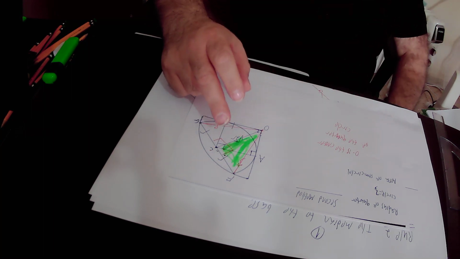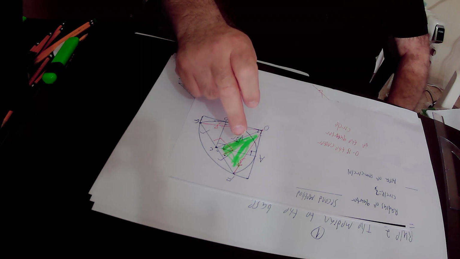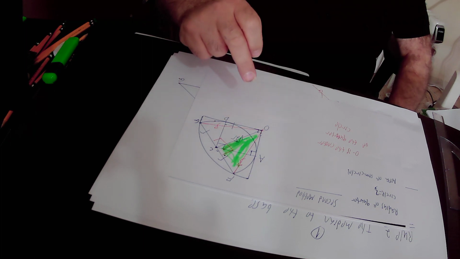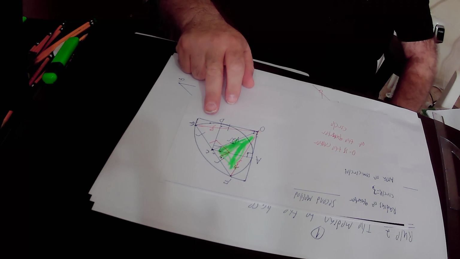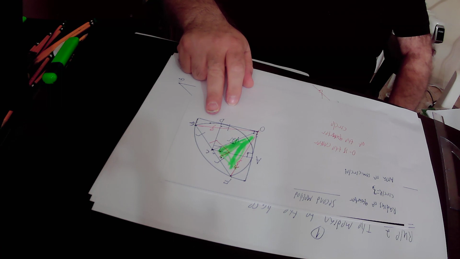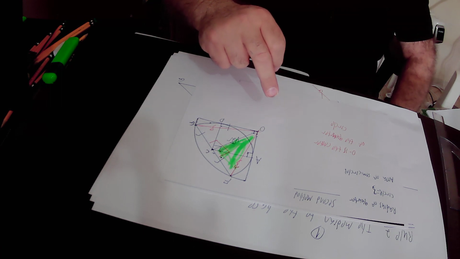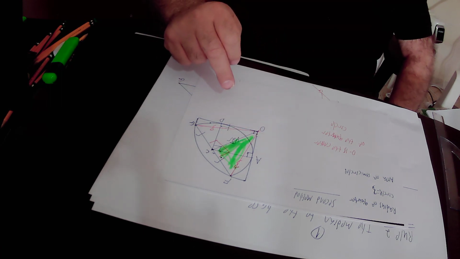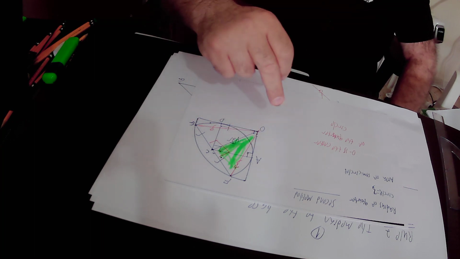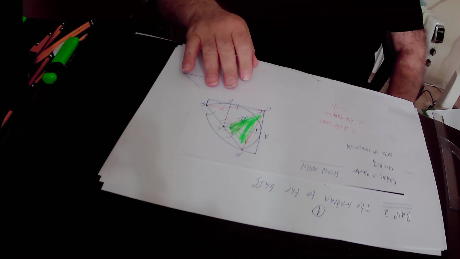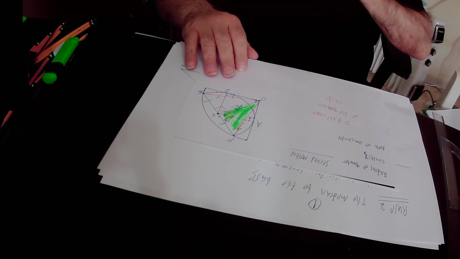For the same reason, OG is also the radius of the quarter circle, and that is also equal to 3 units. So, triangle OFG is an isosceles triangle because side OF equals side OG equals 3 units.